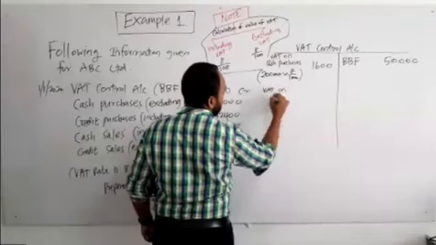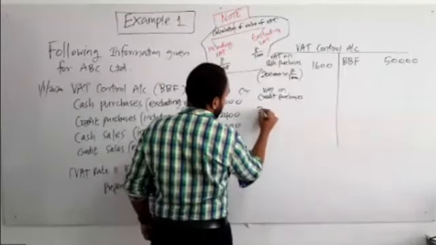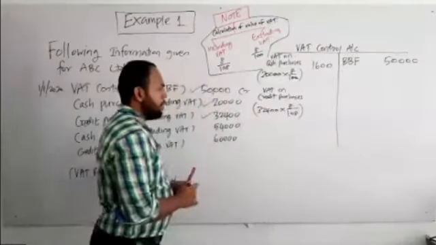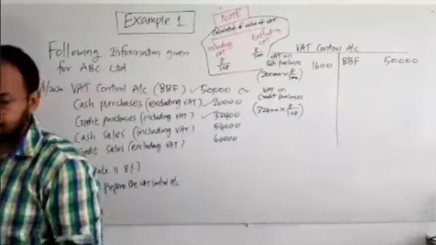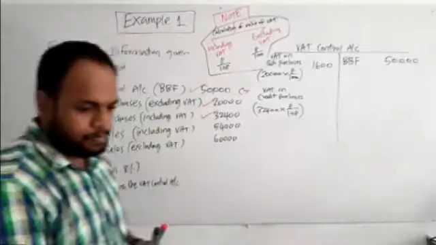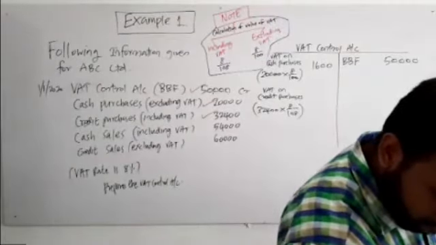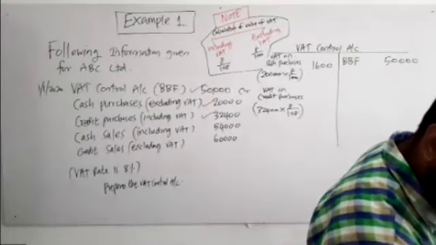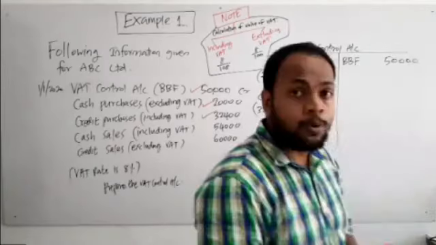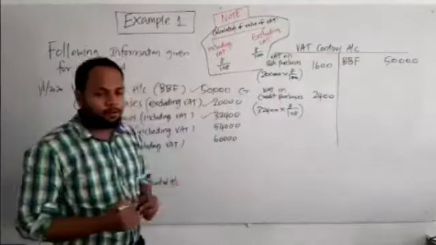Then I will calculate VAT on credit purchases. 32,400 divided by 108, multiply by 8. That is 2,400. Debit 2,400.